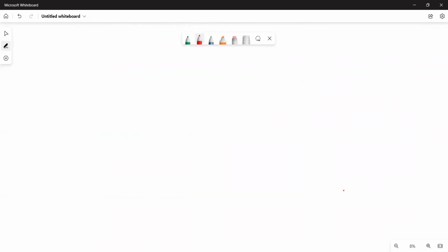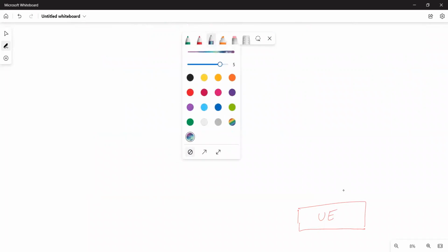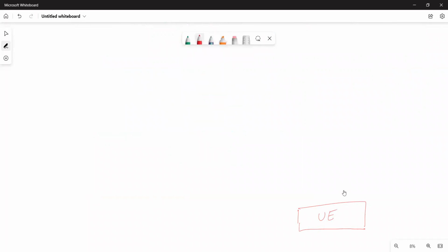So I'm going to draw your 5G architecture here. We'll start with the user equipment, that is your UE, right? And then you have the 5G access network.